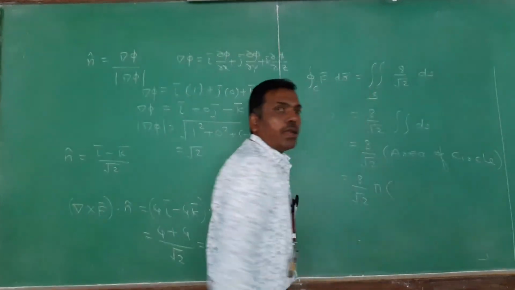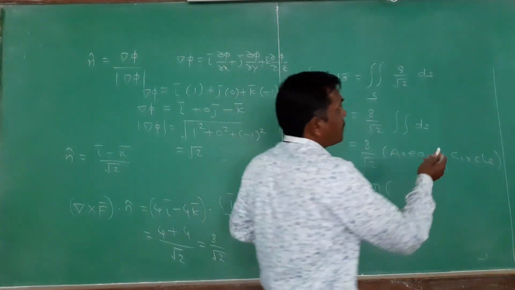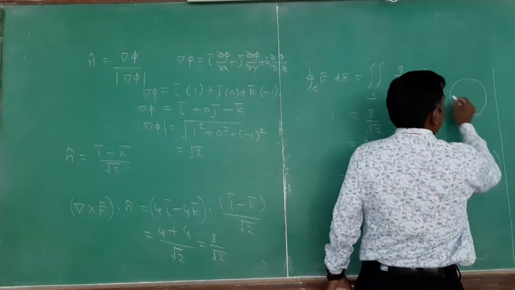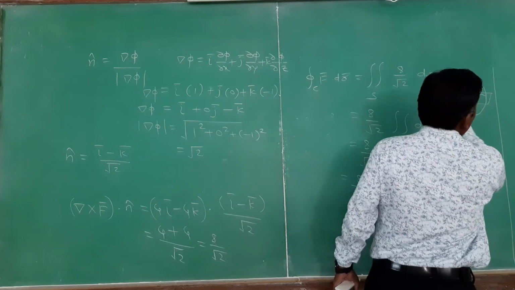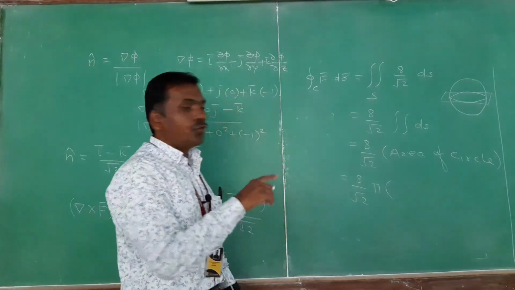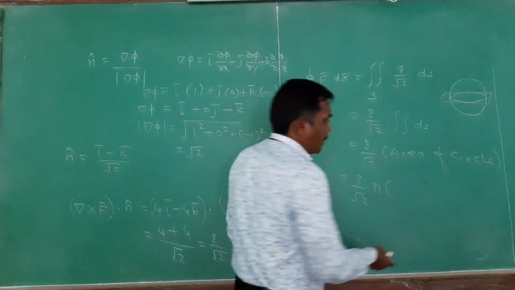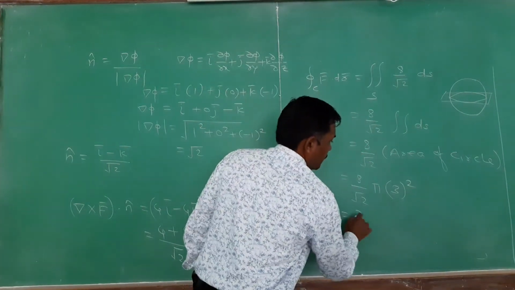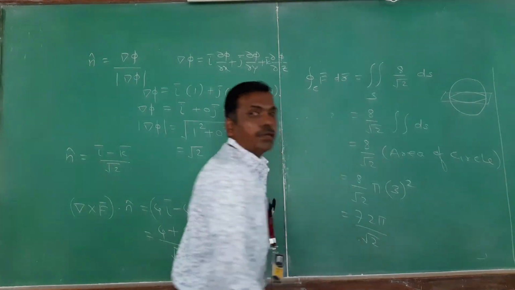But here the radius of that circle, if you see carefully, is a sphere cut by a plane at the center, because (0, 0, 3) is the point and radius is also 3. So radius 3 squared. So our answer is 72 pi upon root 2.